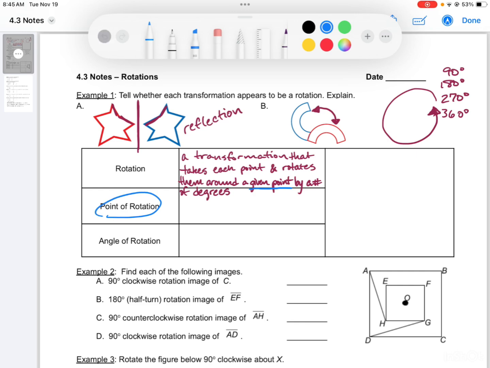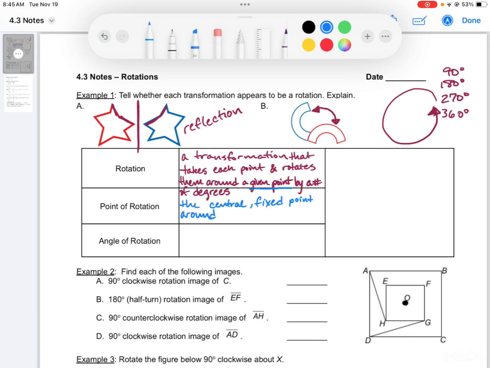In this definition, we talk about this given point, and that point is the point of rotation. We define that as the center. That's key right there. It's central, and it's fixed, meaning it's not moving.